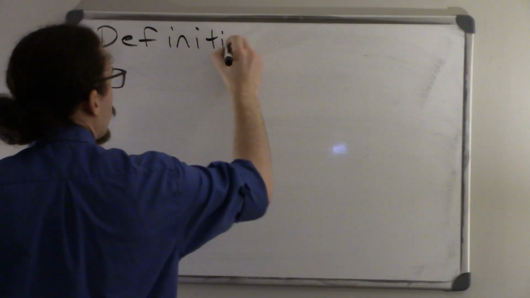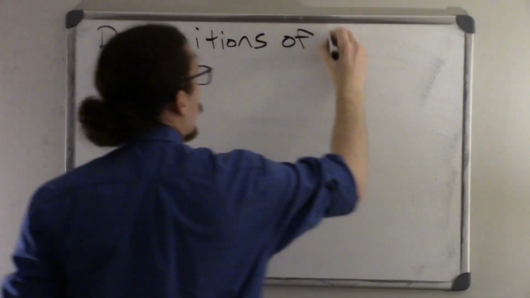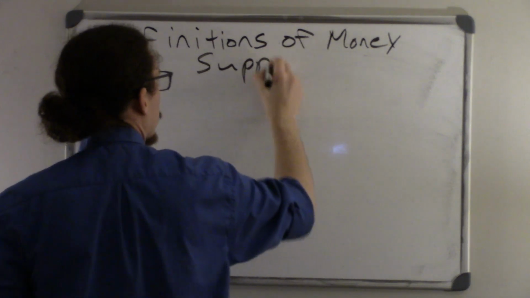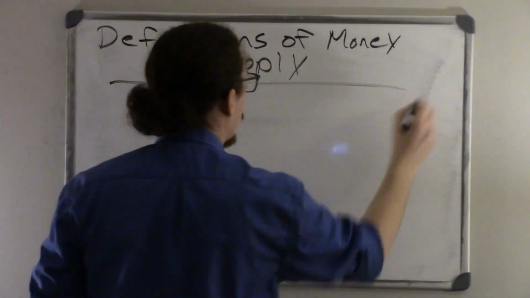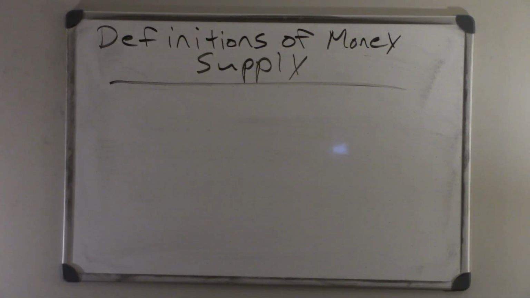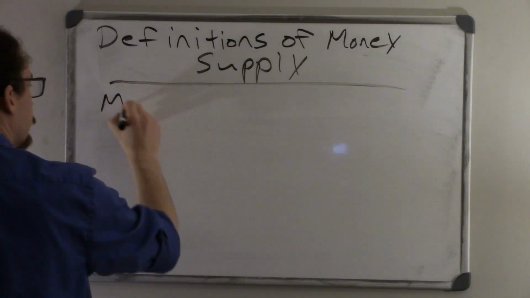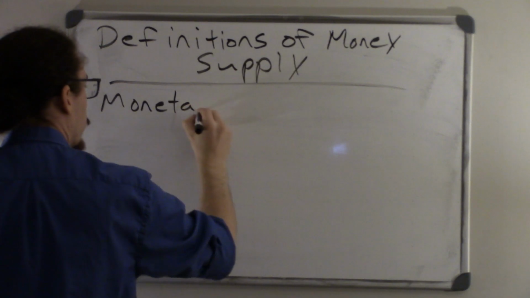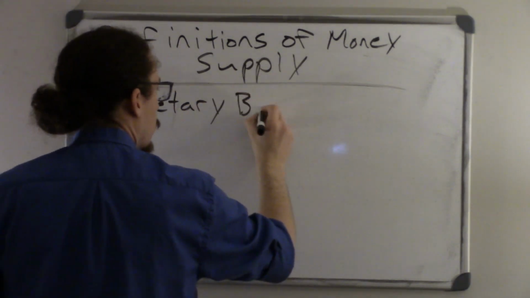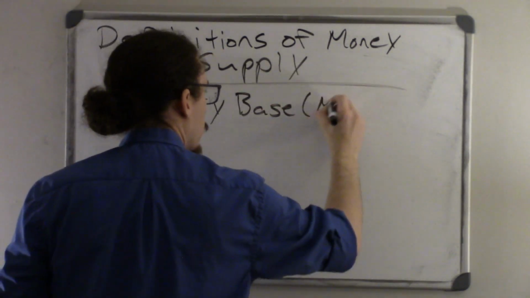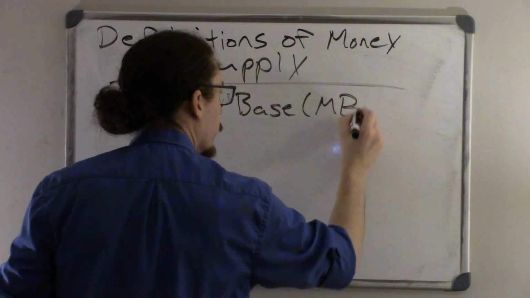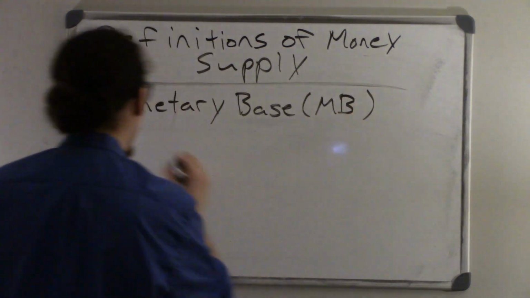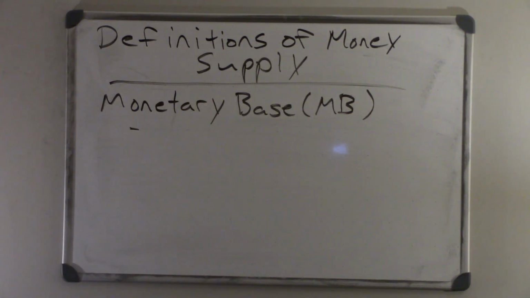All right, the last thing that we're going to do for this video, we're going to look at some definitions of the money supply. First up, we have the monetary base, or MB.